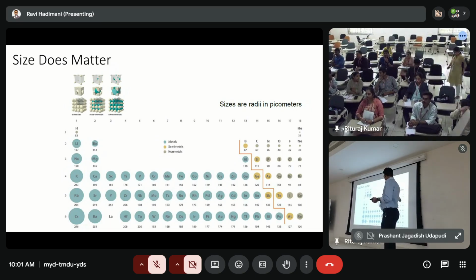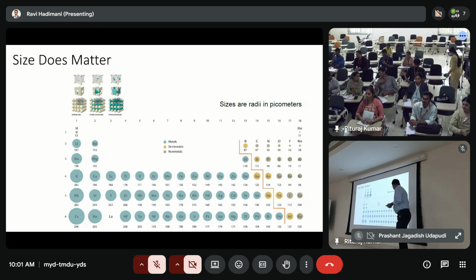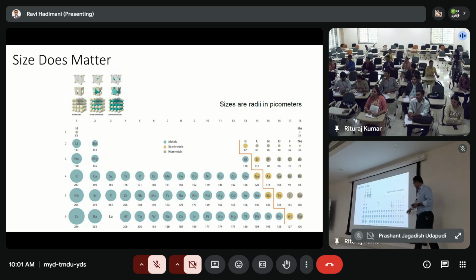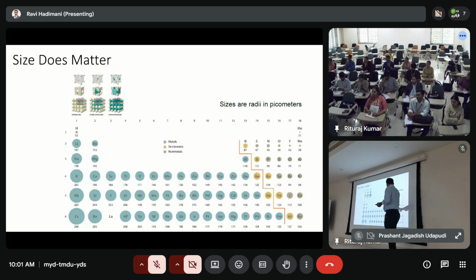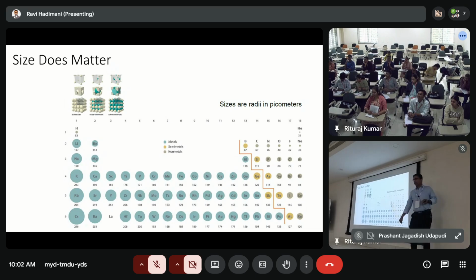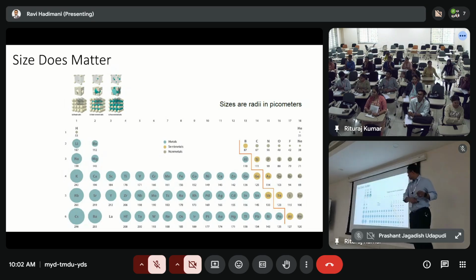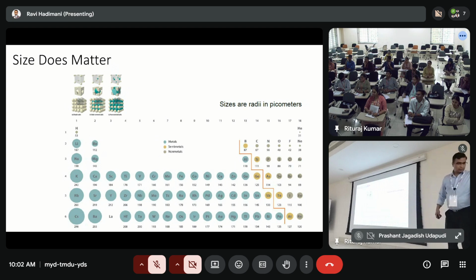These sizes are in picometers, and pico means 10 to the power minus 12. So 880 picometers means 8.8 angstrom, and this is 11 angstroms. Is that clear?